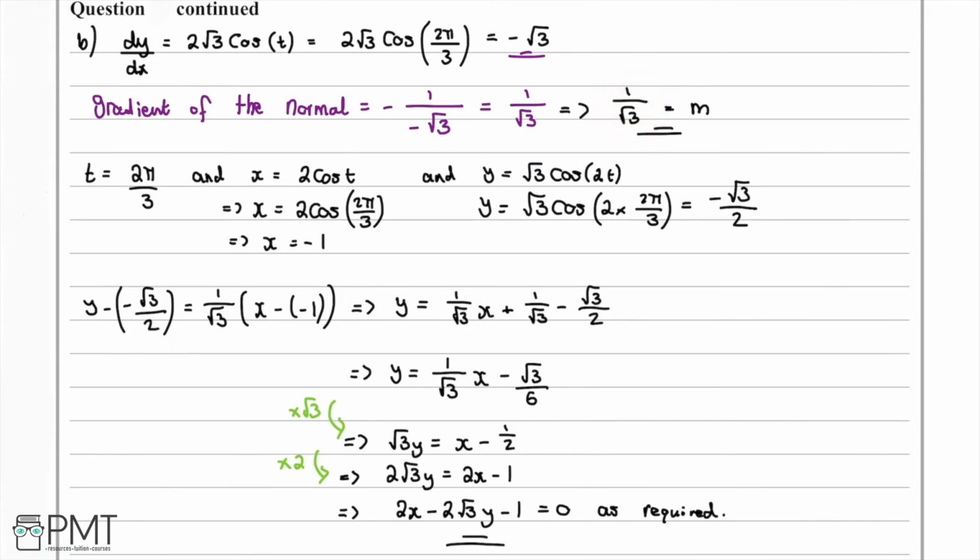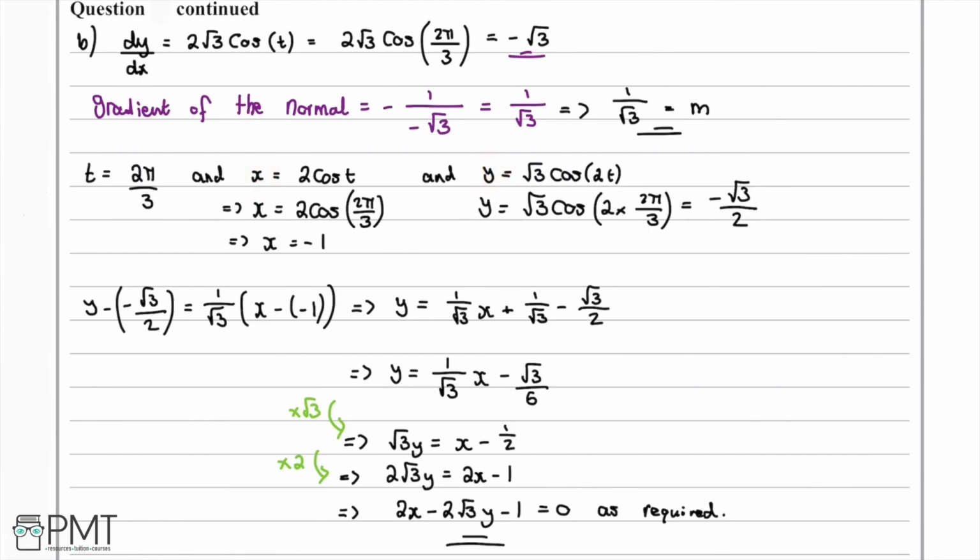We then receive our third mark for working out the coordinates of P. That was x equals negative 1 and y is equal to negative root 3 over 2, and we do that by substituting 2 pi over 3 into our equations for x and y.